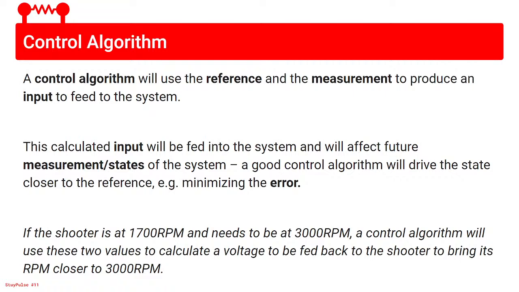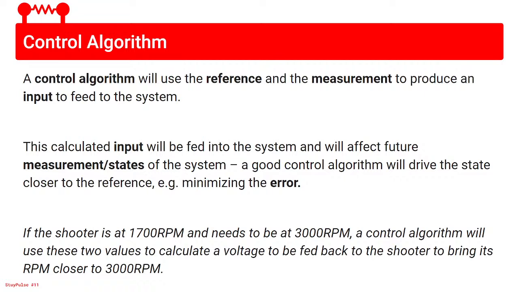Once this voltage is fed into the system, it will affect the future measurements of the system, and with a good control algorithm, the voltage you're feeding will drive the measurement to the reference and minimize error, because the error is the difference between them. If they're getting closer, you're going to zero, and error sounds like something you want to minimize, right? You don't want any error.